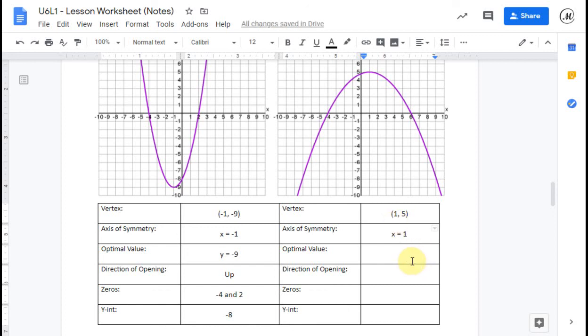The optimal value, where the highest point of this parabola is, is at 5. So this is y equals 5. The direction of opening, the opening is at the bottom, so this is open down. The zeros, where the parabola crosses the x-axis, we have -4 and we have 6.